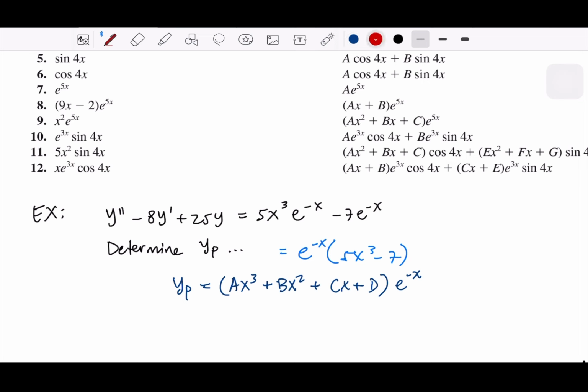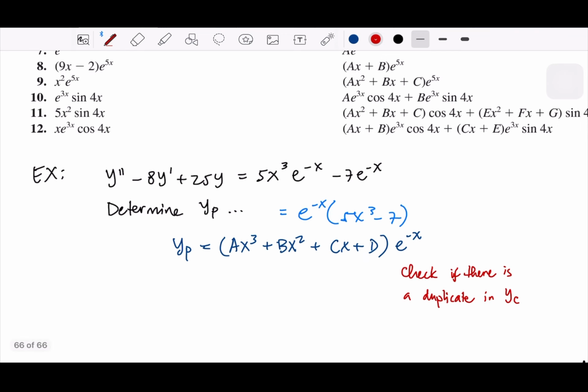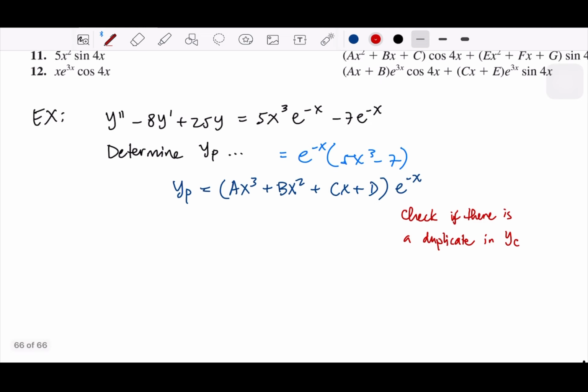But you need to check this yp, check if there is a duplicate in yc. You can confirm that. Okay, I'm just showing you how to find the assumptions.